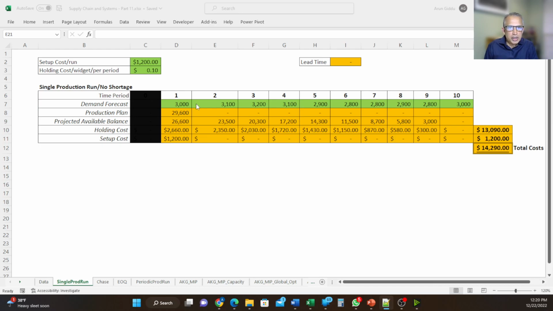Since production is normally frozen for 2 to 3 month time period, it makes sense to assume that these numbers are firm and the widgets in these numbers need to be produced. For simplicity, let us assume that the lead time for making these widgets is 0.